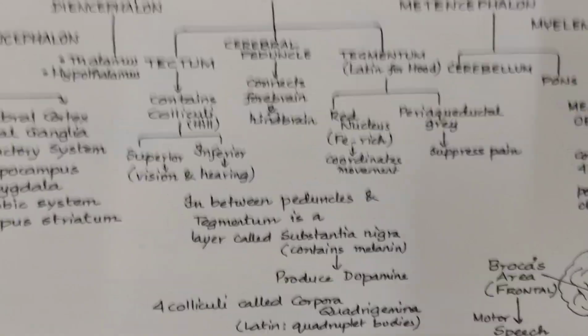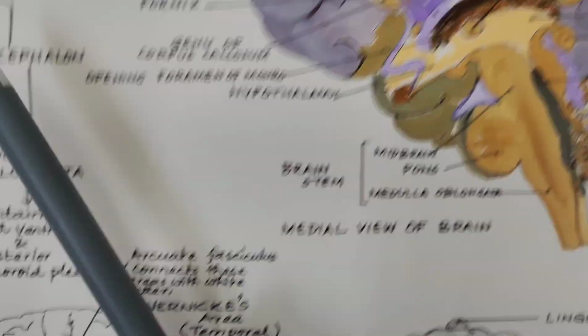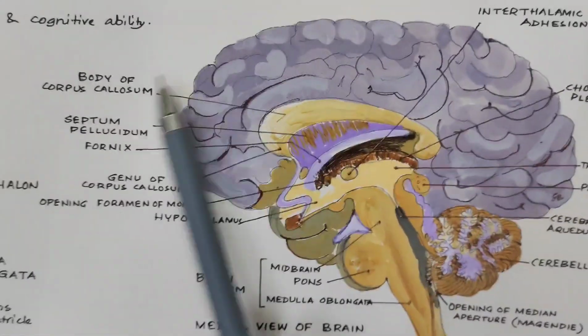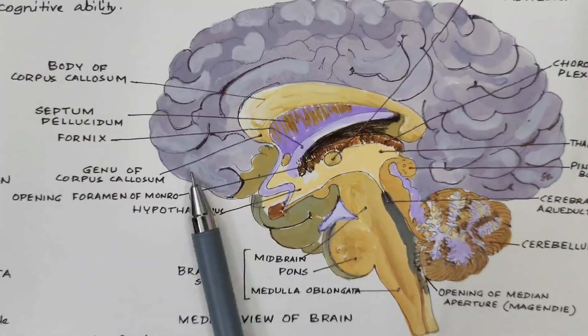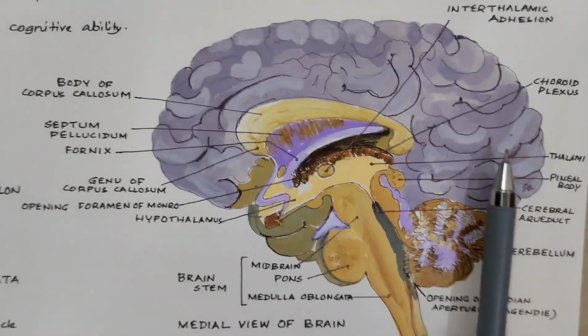Now coming to the brain. The brain. Here it is in picture. See the brain. The very details of the brain. This is the entire cerebral hemisphere.